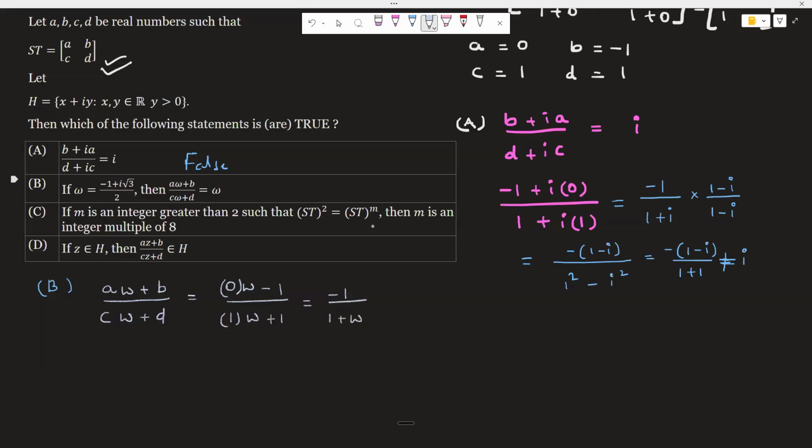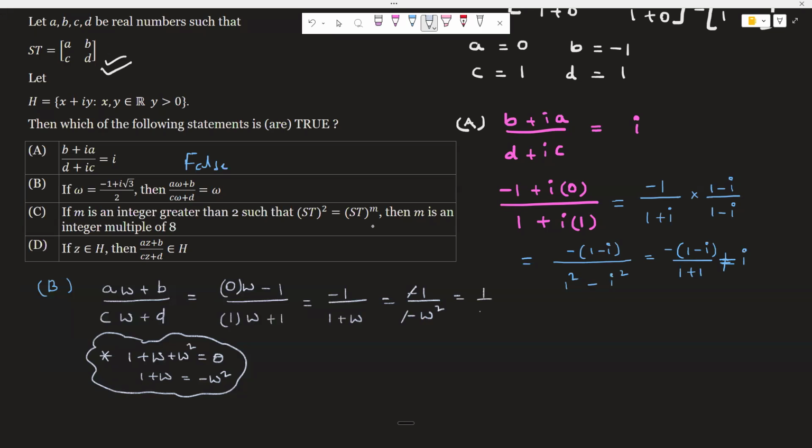If omega is a cube root of unity, we know that 1 plus omega plus omega square is equal to 0. From this, 1 plus omega is equal to minus omega square. In the denominator we can use that result. So -1 divided by minus omega square, the minuses cancel, giving 1 by omega square.